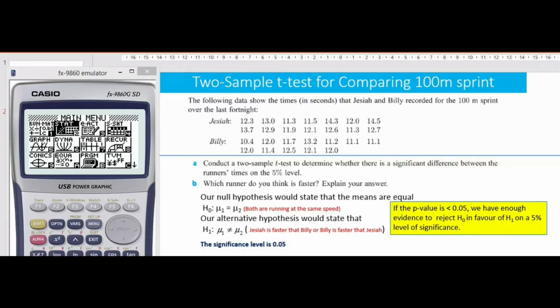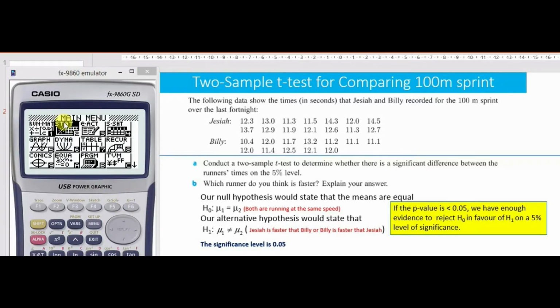So first thing we're going to do is use the Casio fx-9860GII calculator to calculate the value of p. And then comparing it with 0.05, we can make a decision and state whether there's a difference between the two runners' timings and which runner is faster. So let's get started.